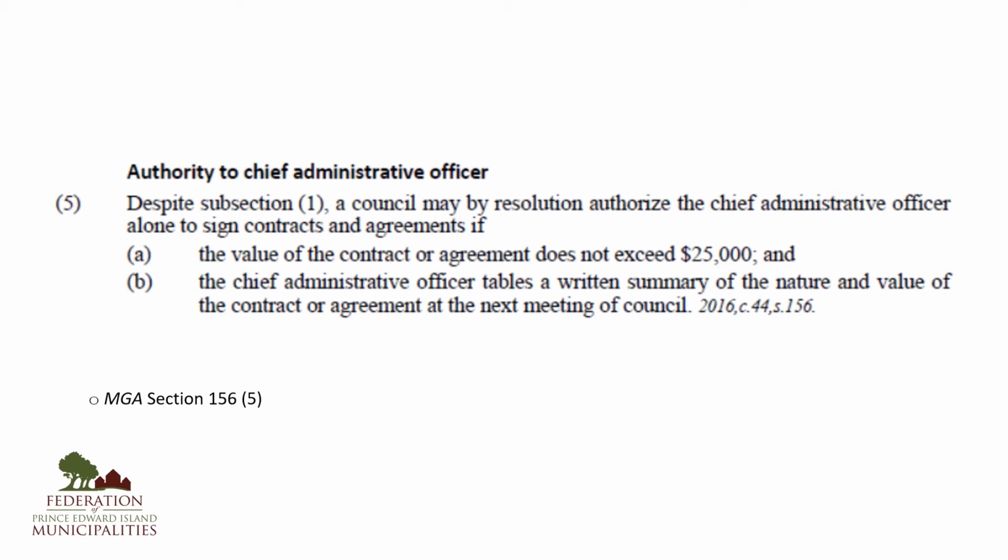But subsection 5 of this provision gives council the discretion to authorize the Chief Administrative Officer alone to sign contracts or agreements that do not exceed $25,000, provided that the CAO tables a written summary of the nature and value of the contract or agreement at the very next council meeting. And this delegation of authority by council must be done by formal resolution.